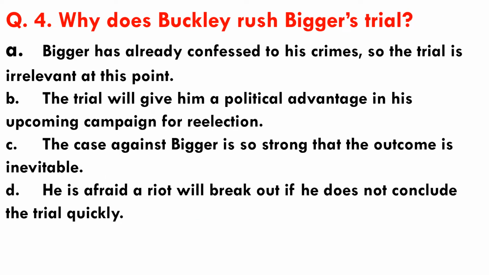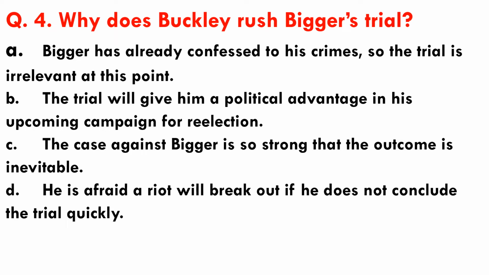Question number 4. Why does Buckley rush Bigger's trial? Options are A. Bigger has already confessed to his crimes, so the trial is irrelevant at this point. B. The trial will give him a political advantage in his upcoming campaign for re-election.